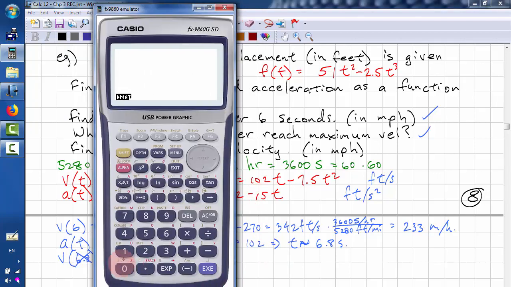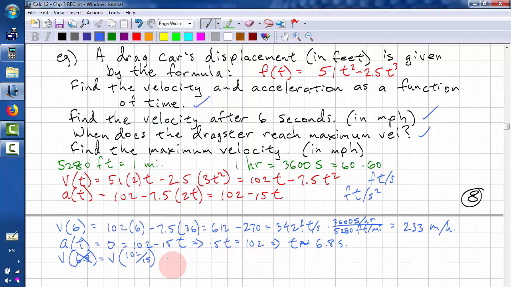We have 102 times 102 over 15 minus 7.5 times 102 divided by 15 squared. Be careful about where you put the brackets and where you square it. This gives us 346.8 feet per second.